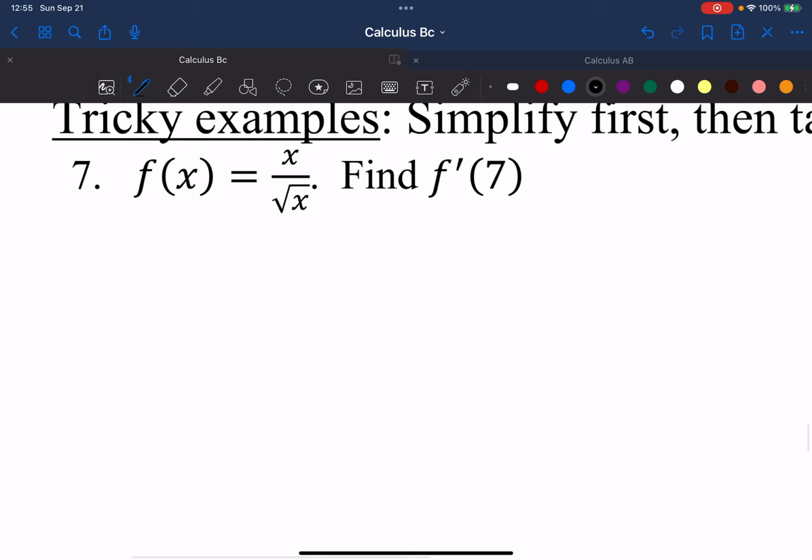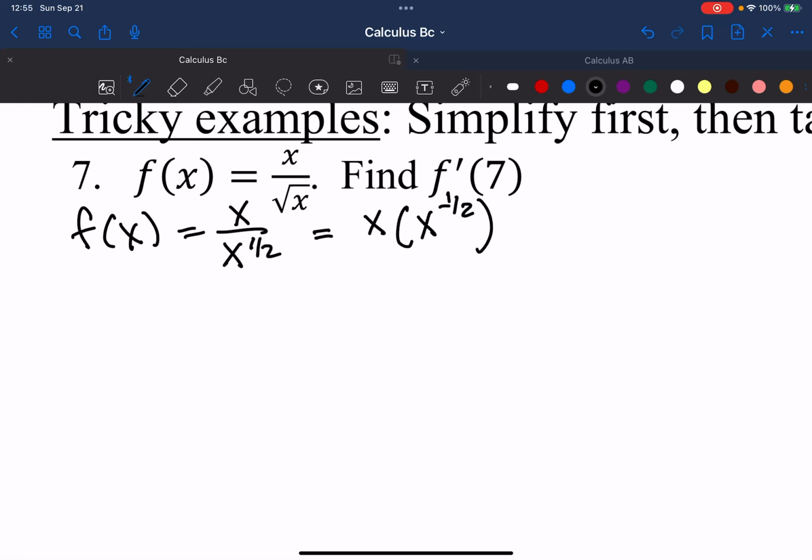So first, we know that f of x equal to x over the square root of x is the same as saying x over x to the 1/2 power. If we were to bring that to the top, this would be x times x to the negative 1/2 power. And remember, when we multiply the same base, we add the exponents.